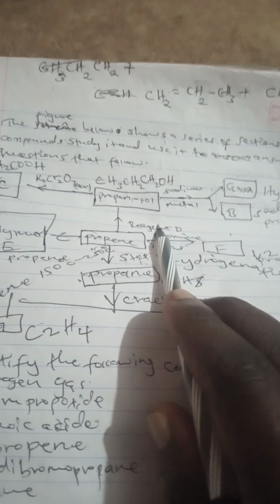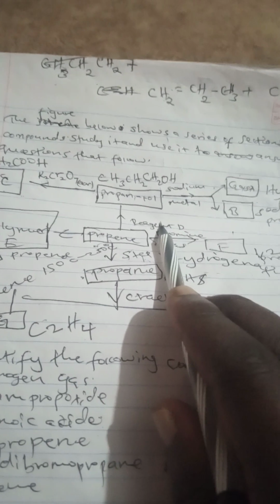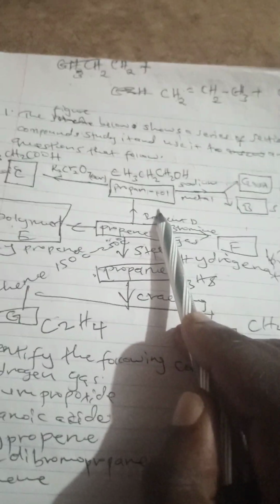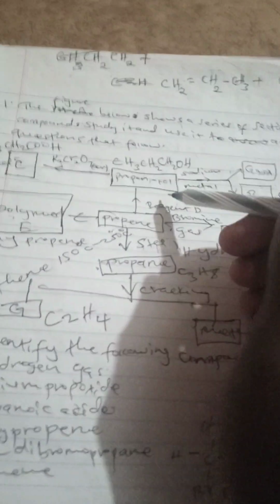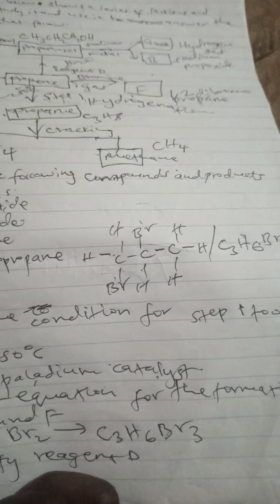Here is our reagent D. And because this is propanol and this is propene, this reagent D is water or concentrated sulfuric acid, and that is the symbol for concentrated sulfuric acid.